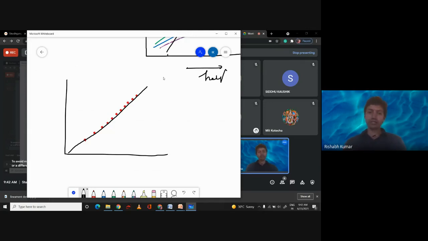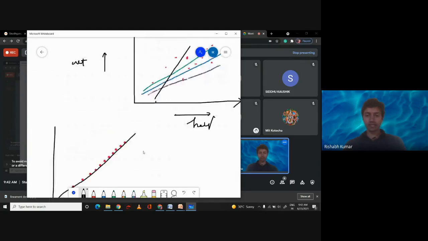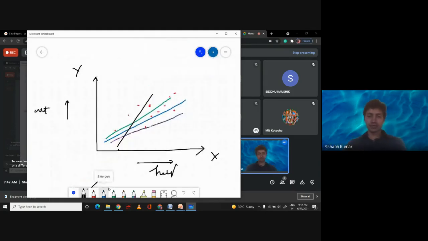So you can represent all the points with zero residual. There is no gap between the point and the line. But in this case, you cannot simply draw a line just by looking at it.